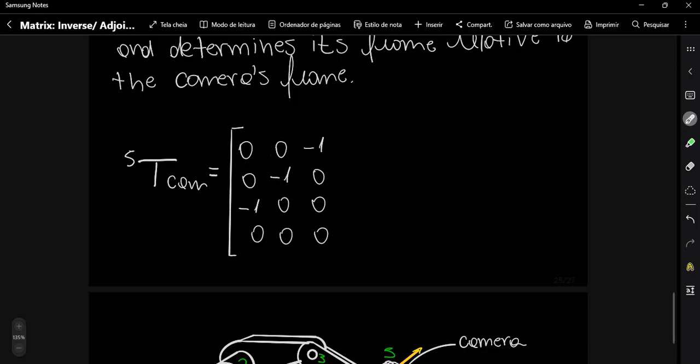And those are for rotation and translation. And on the fourth column is the coordinates of the position of the rigid body.